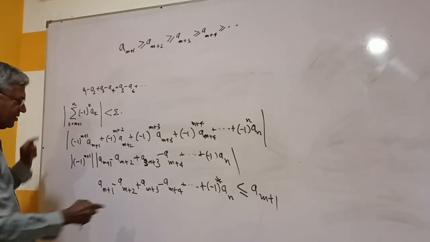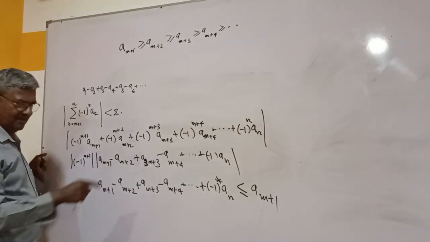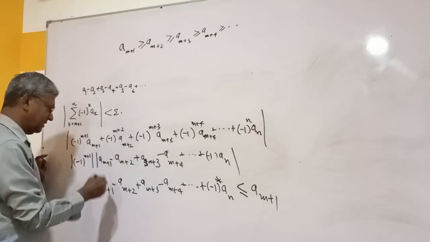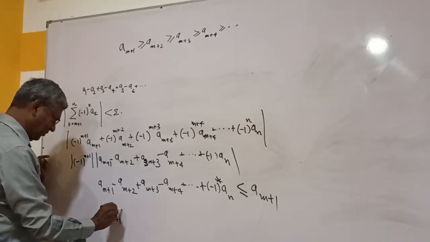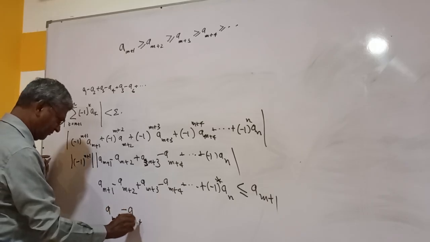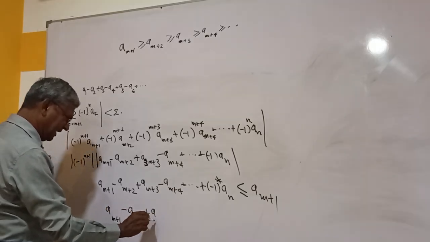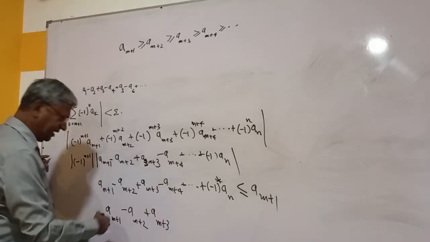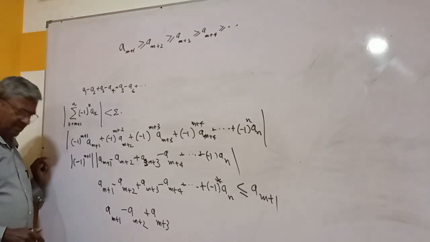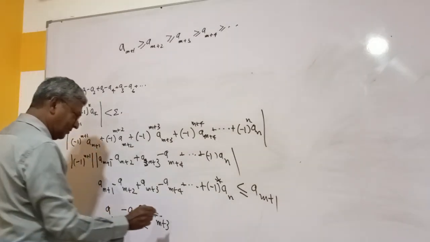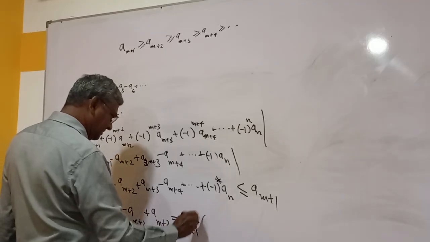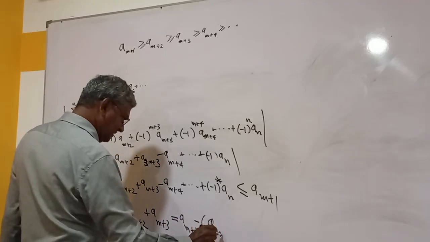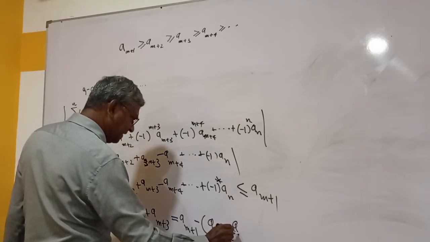So let us assume that you had 3. In fact, this is not the proof, but to convince you. Suppose you are adding 3 terms. This is exactly a_{m+1} minus a_{m+2} minus a_{m+3}.